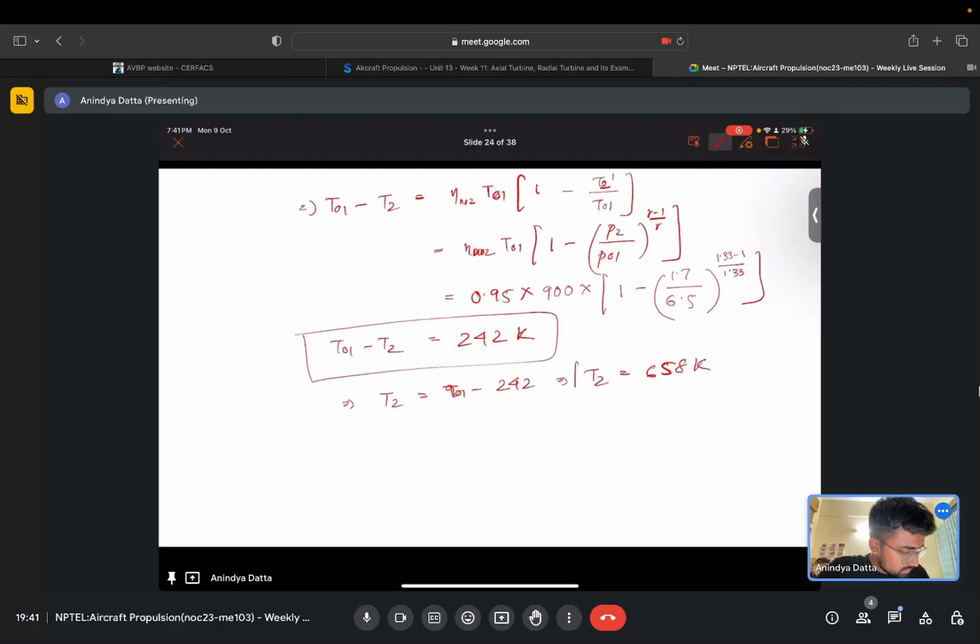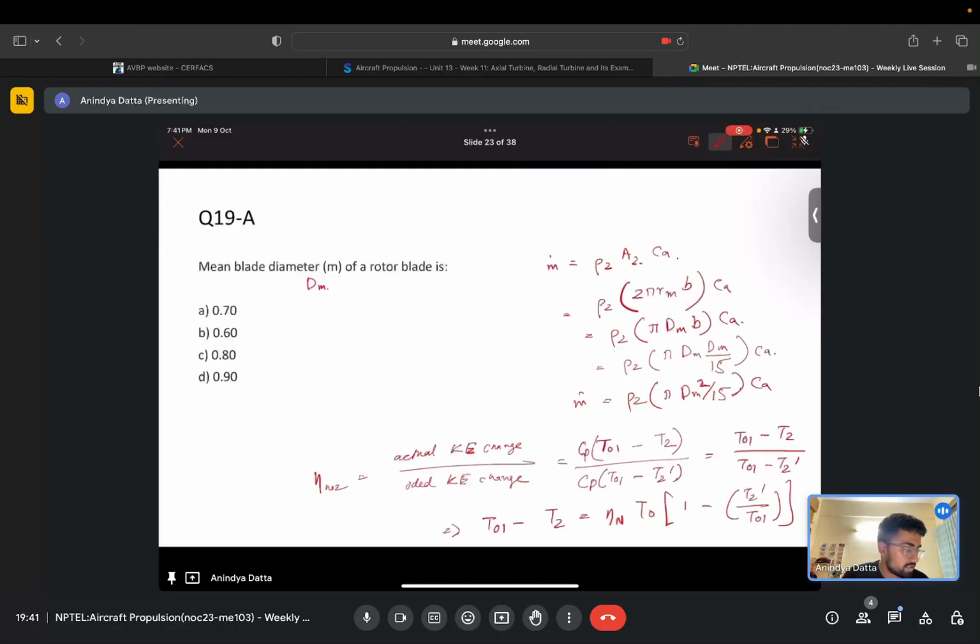Okay, is it clear till this point? We are starting with the definition of nozzle efficiency, so go back to how nozzle efficiency is defined in the modules on nozzles. It's the actual kinetic energy divided by the ideal kinetic energy.